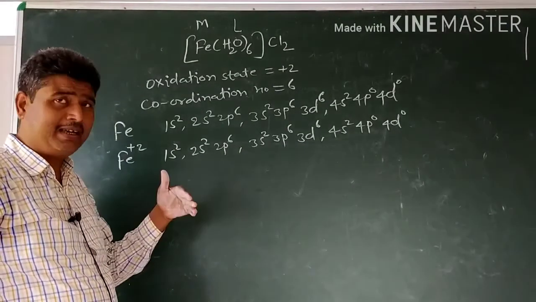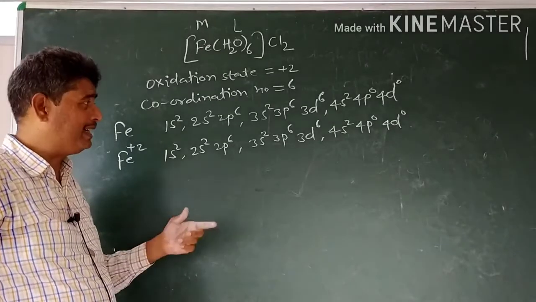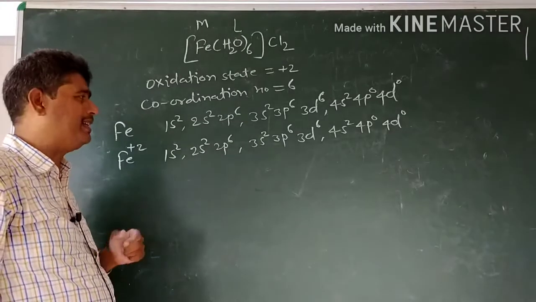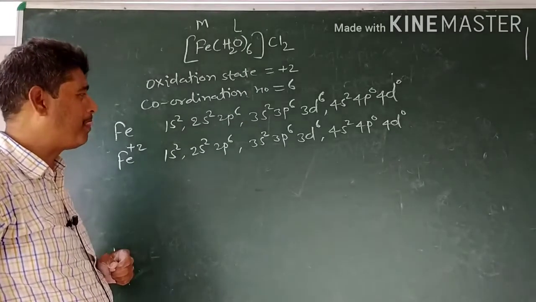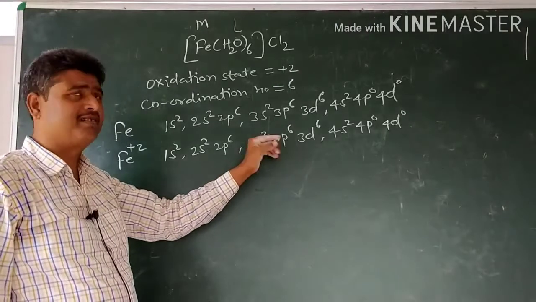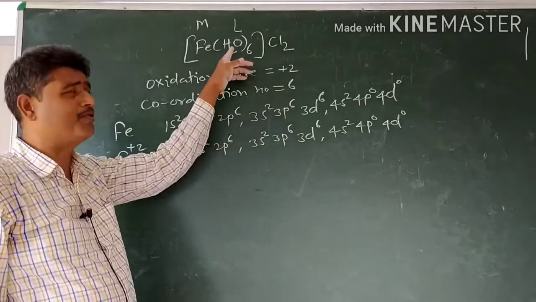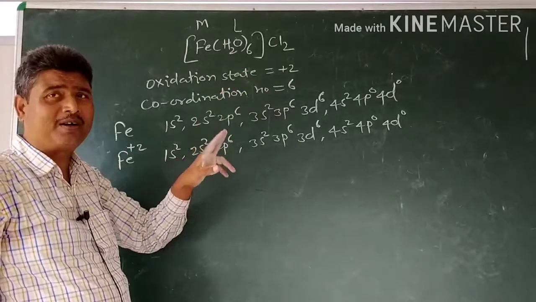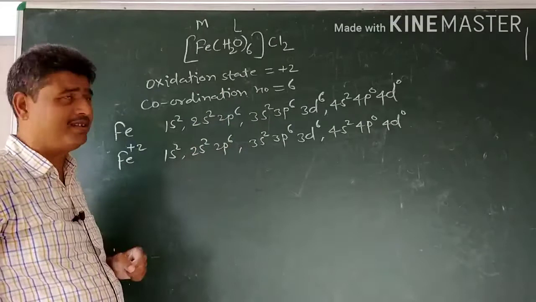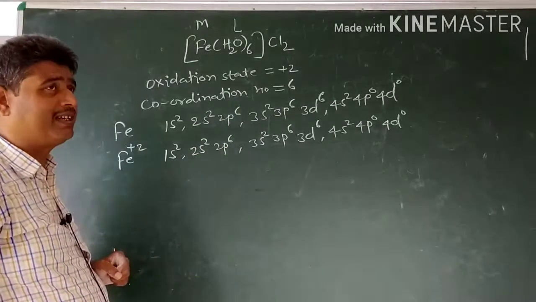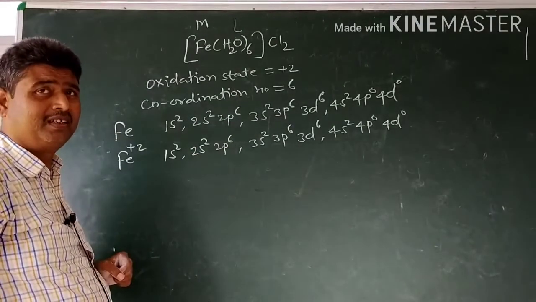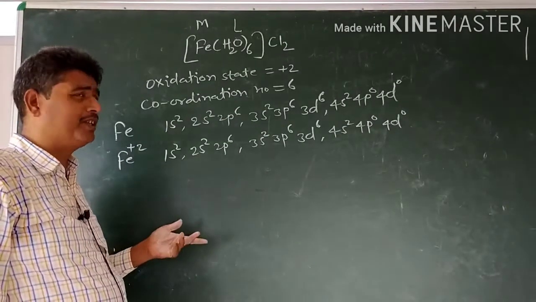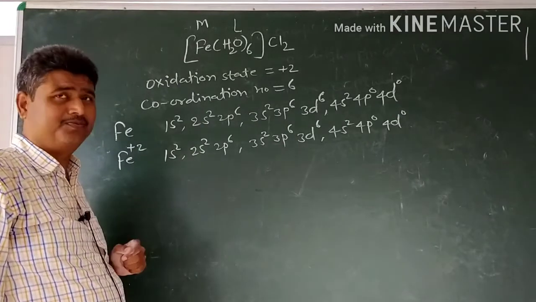Due to non-availability of vacant inner d orbitals, we will not take the 3d orbital for our required hybridization. Being coordination number 6, we will require 6 vacant hybrid orbitals. For 6 vacant hybrid orbitals, our hybridization will be either d2sp3 or sp3d2.